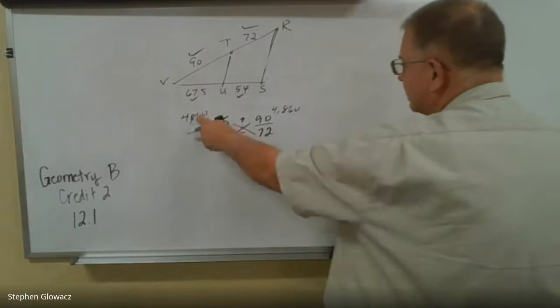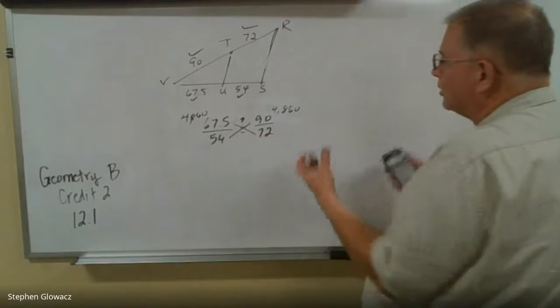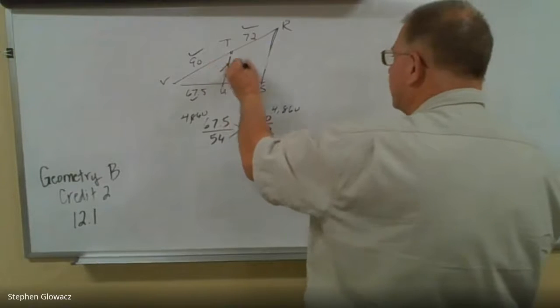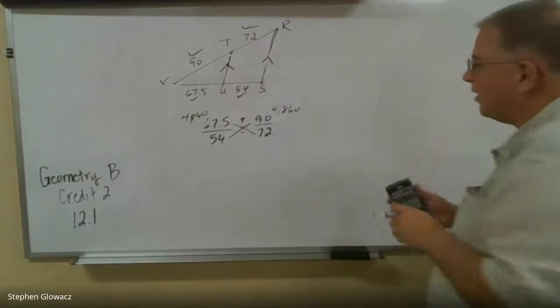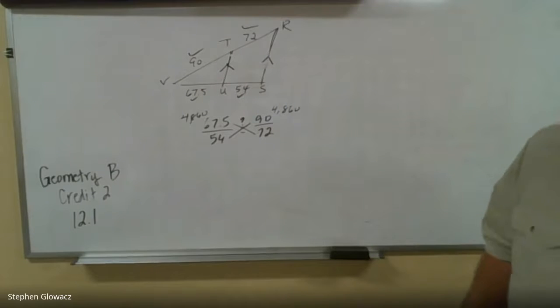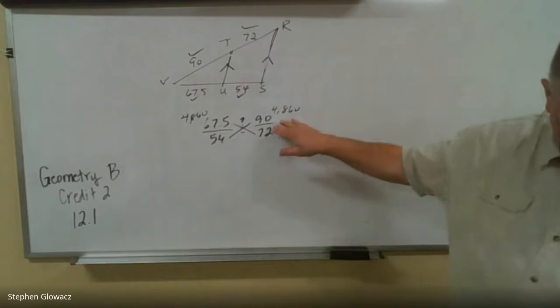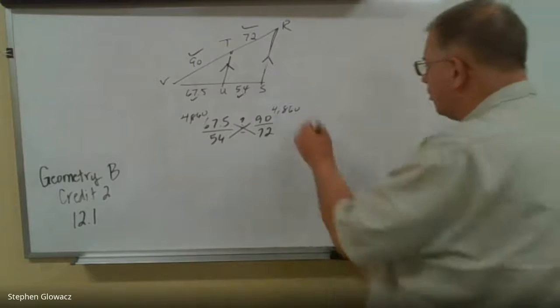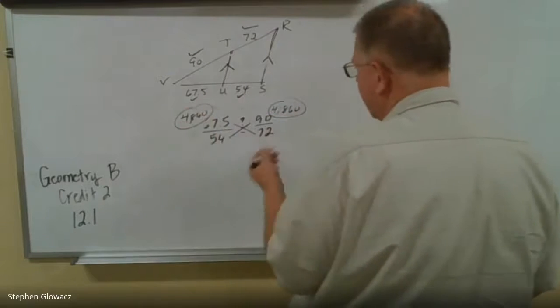So the cross products are equal, which means the sides are proportional, which means that now we can mark it because we've proven it. TU is parallel to RS. And your proof would be your work, and your reasoning is that when we cross multiplied, the cross products are equal.